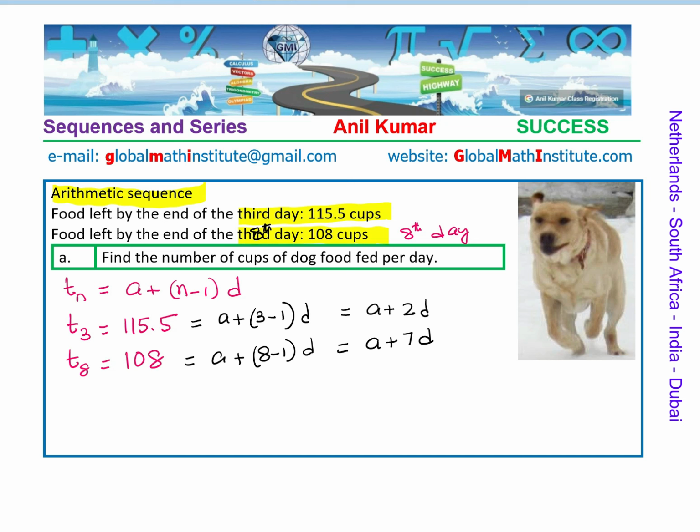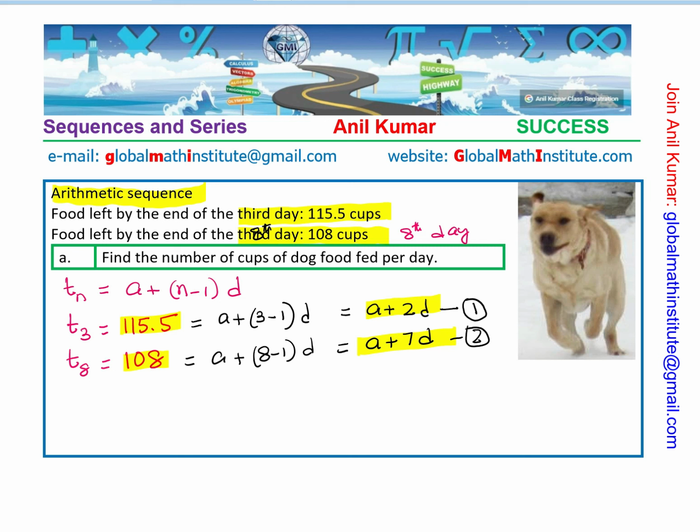Makes sense. So we have two equations. Let's call them equation 1 and equation 2. When I say equation 1, I mean the value 115.5 and the simplified expression a plus 2d. So that forms my equation.